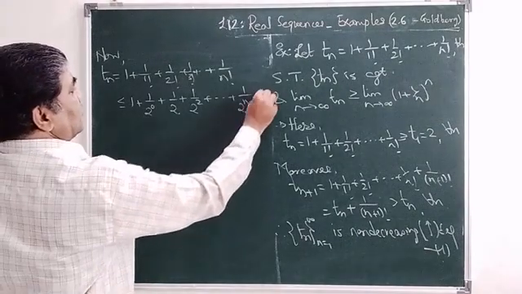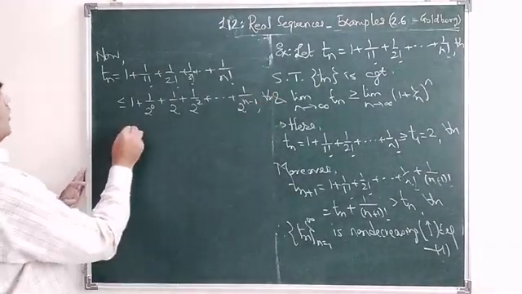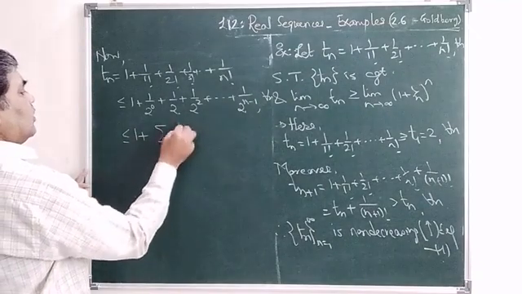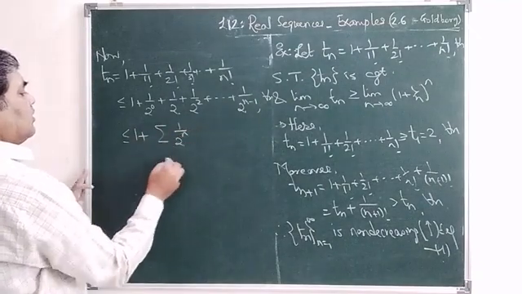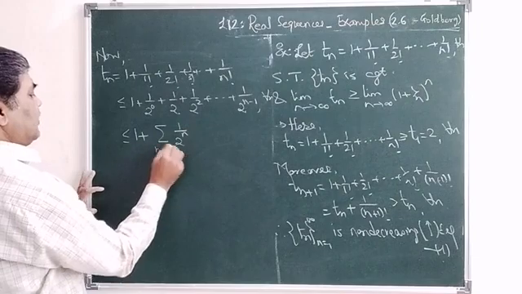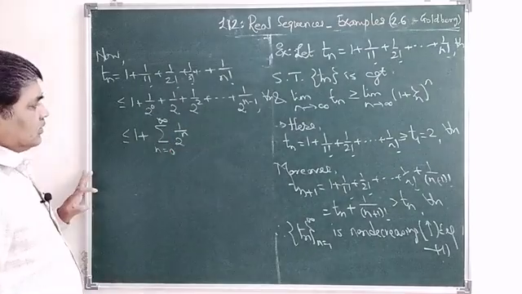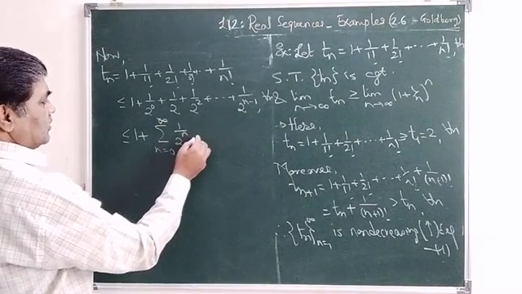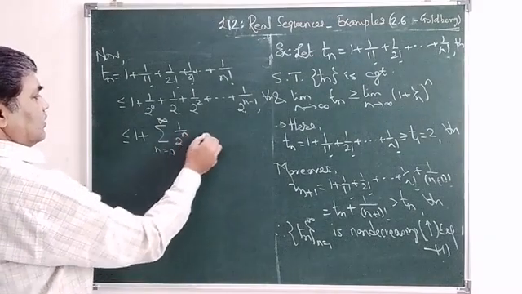For every n, this is less than or equal to 1 plus summation of 1 upon 2 raised to n, n equal to 0 to infinity. Now these terms are in geometric progression. This is your GP. Okay.